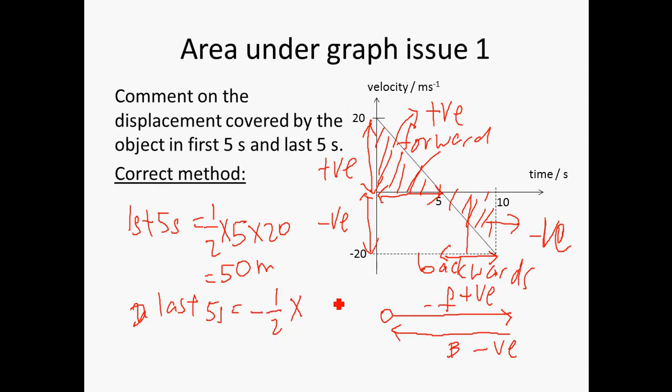Again, this is 5. So you get minus 50 meters. So if you want to find the total displacement after the whole journey, it is obviously 50 minus 50, which gives you 0.